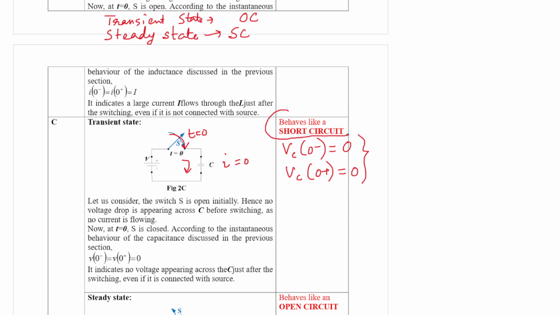So if a network undergoes a transient state, then the capacitor would behave like a short circuit. You can replace that capacitance by a short circuit, because zero voltage means short circuit.